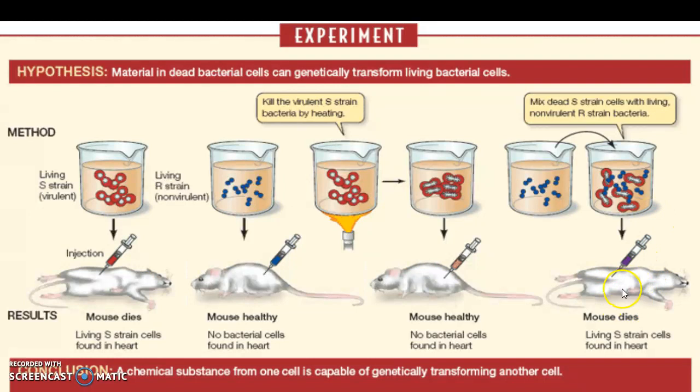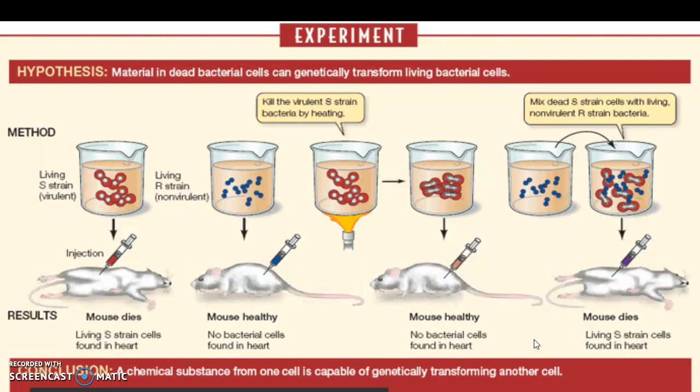So when that mouse died and they tested the blood, sure enough, they found live S strain cells living in the mouse. So mixing these together formed a new cell that looked a lot like this one, because these R strain cells took on the traits of these bad S strain cells, and those traits that they now expressed killed the poor little mouse.